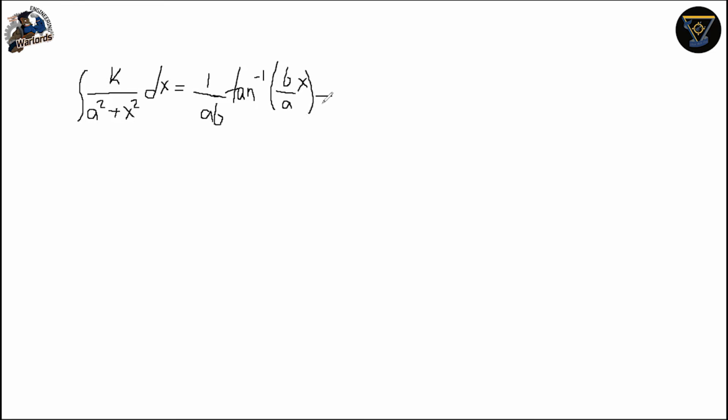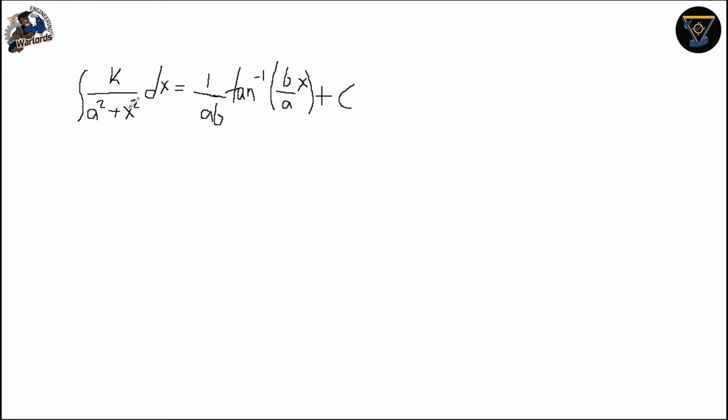When you have the integral of k over a squared plus x squared with respect to dx, it gives you 1 over a tan inverse of b over a x, this would be over ab, and then you have your plus c.